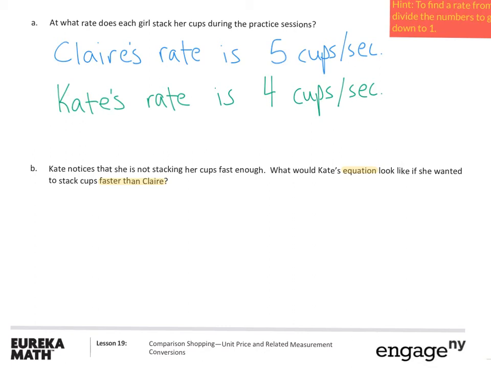So let's go ahead and start by writing Claire's equation. Claire's equation would be cups stacked equals 5 times the number of seconds, where C represents the number of cups stacked, and T represents the time in seconds.